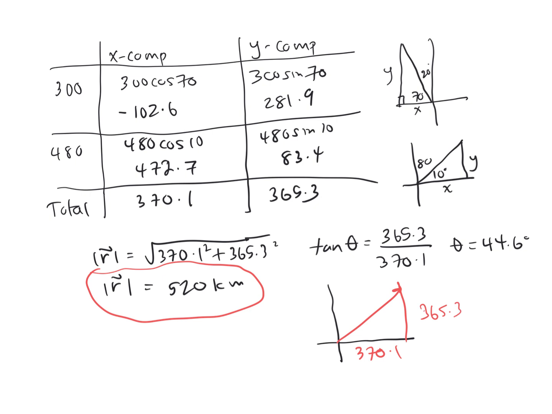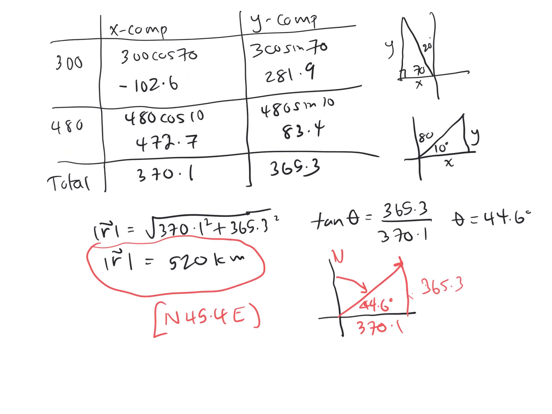So we know the resultant is in the northeast quadrant. We use tan to find this angle here, but we want to measure it from north. We want this angle, so we'll subtract that from 90, and it will be north 45.4 towards the east, which is the same direction we got using tip to tail.